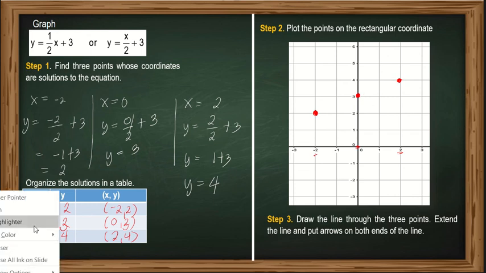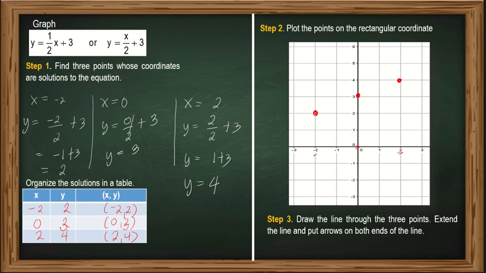I'm going to connect them again. It's clear now. Extend the line, then do not forget to draw the arrowheads that would indicate that the line can be extended up to infinity. I hope you got the answer for this item correctly also.